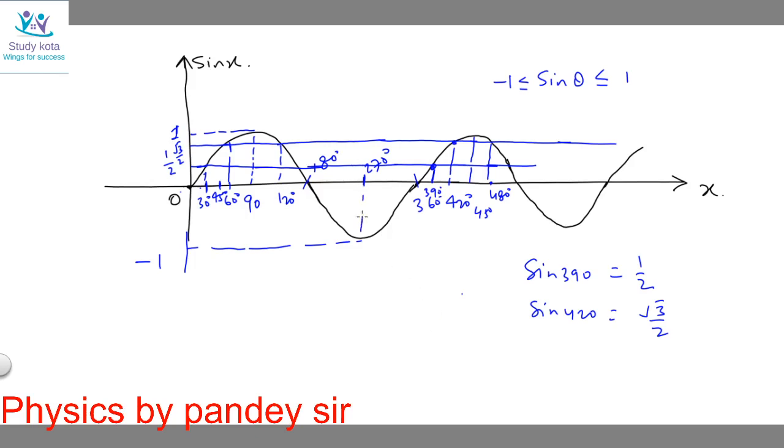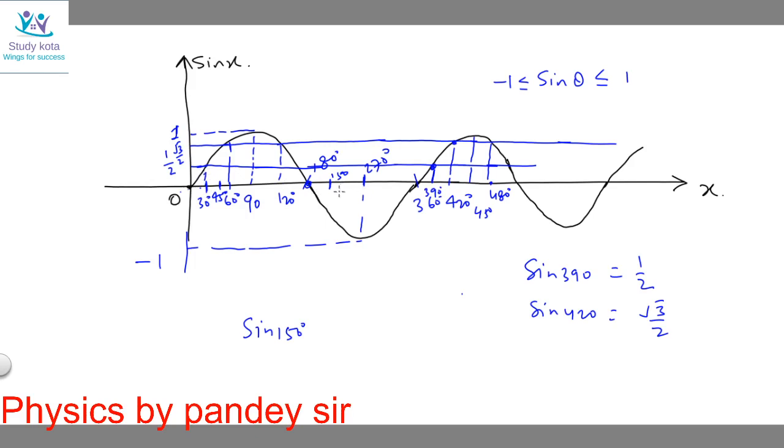Also at 270 it is -1. So how to calculate at 150? What is the value of sine 150? Sine of 150, as we know that at 180 degree it is 0, and the difference between 180 and 150 is 30 degree. Okay, so we can imagine it like from 0 to 30, we have 1 by 2.